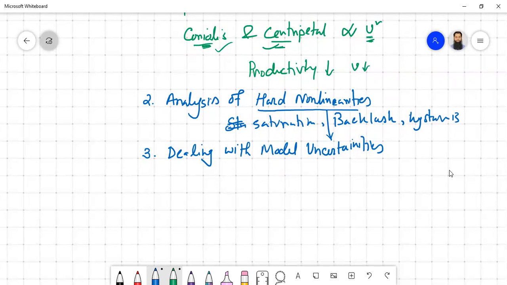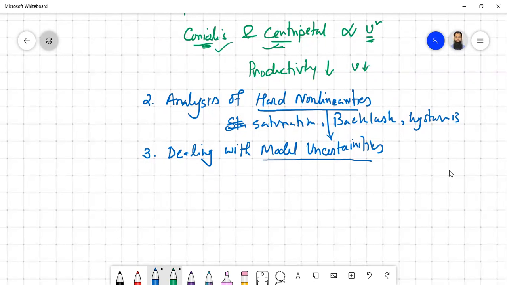So for compensating the model uncertainty or parameter changes, we have to intentionally introduce nonlinearity into the controller as a part of the control system to model this uncertainty, so that we can compensate for those.